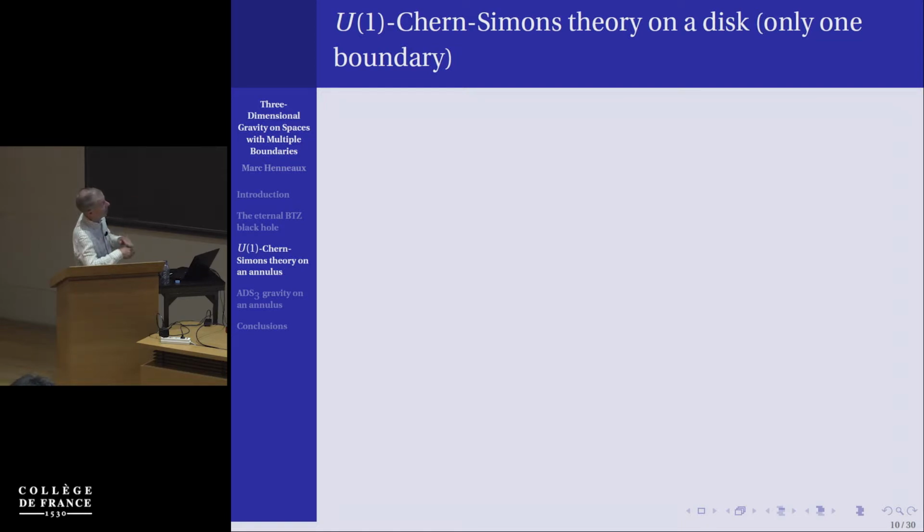And because AdS gravity is a Chern-Simons theory, I will first review something that we did in a previous lecture: how it works with the simplest Chern-Simons theory, the U(1) Chern-Simons theory on a disk. So let me recall how we can reformulate that three-dimensional theory as a two-dimensional theory living on the boundary.